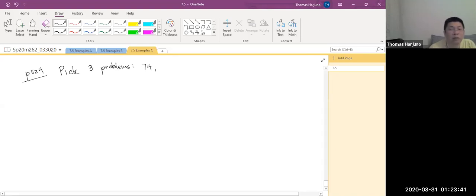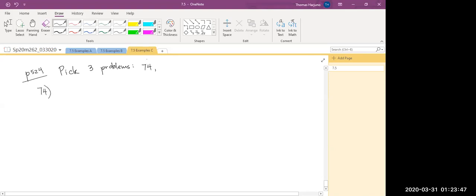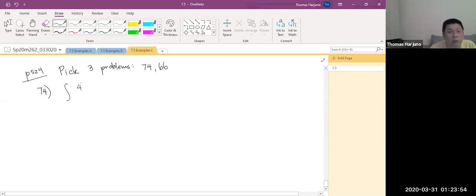Number 74 seems to be hard, but it's actually on the easy side. And 66. If it's easy, then we don't have to do it. No, let me show you. It's short anyway. Sometimes some problems seem hard, but after you play with that a little bit, it turns out to be super easy. And I think this is one of them, because we can split them, right?